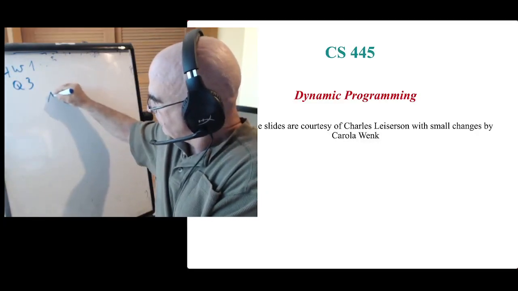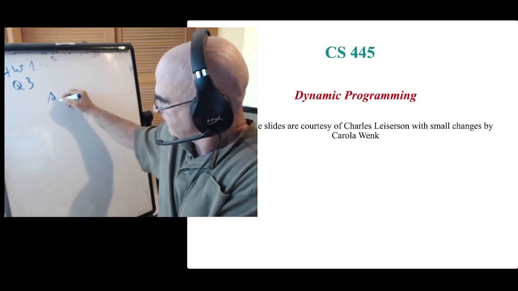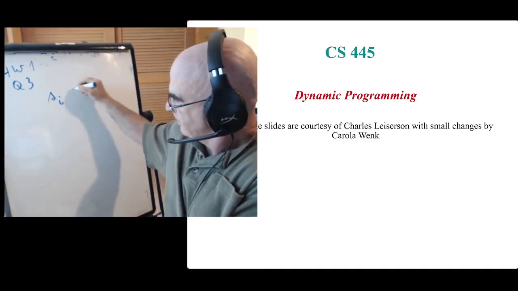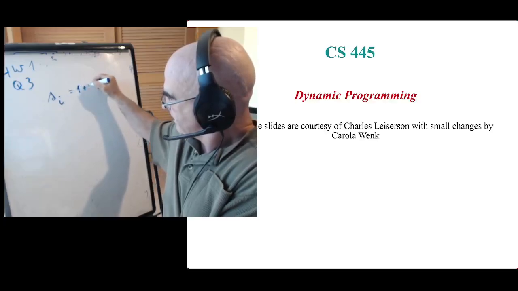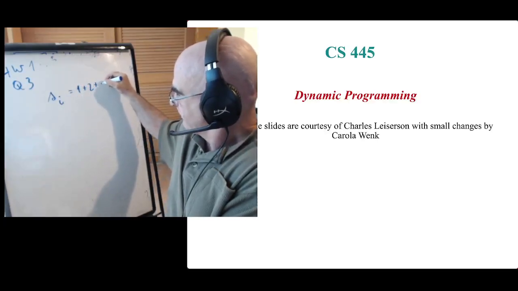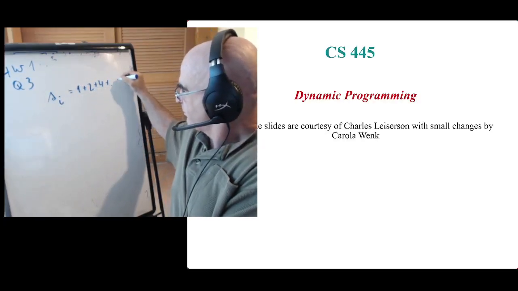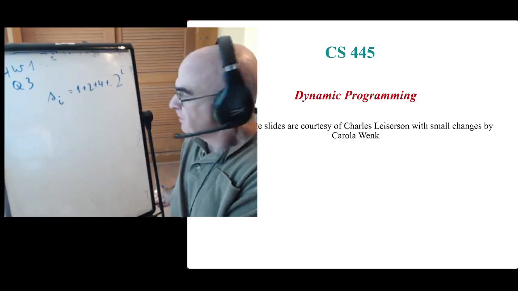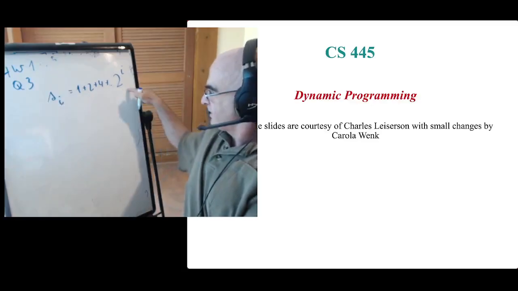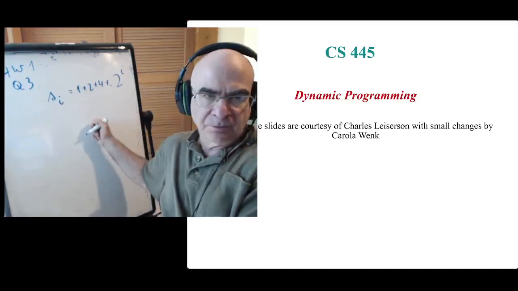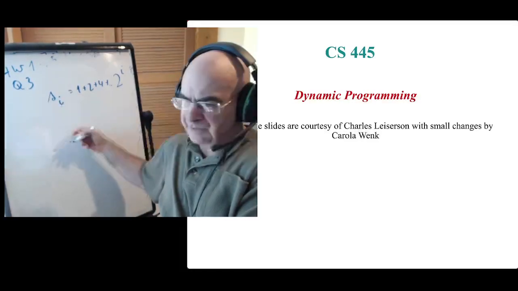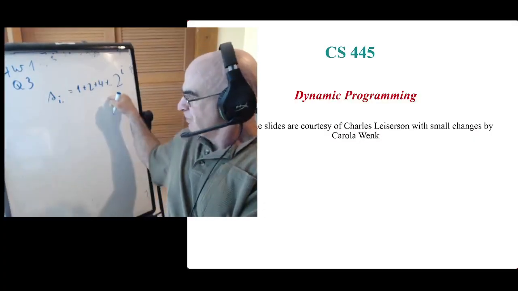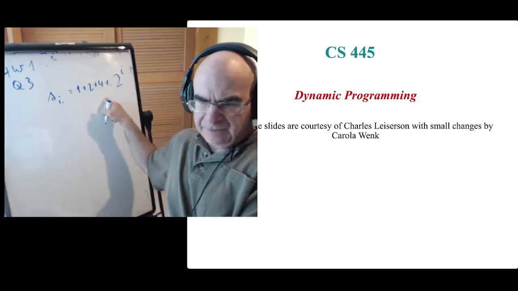I asked about a value S sub i, which was 1 plus 2 plus 4 plus dot dot dot 2 to the i. The last element S_i was this sum, which was, of course, for the purpose of giving you time to practice geometric sums, one of the many times.